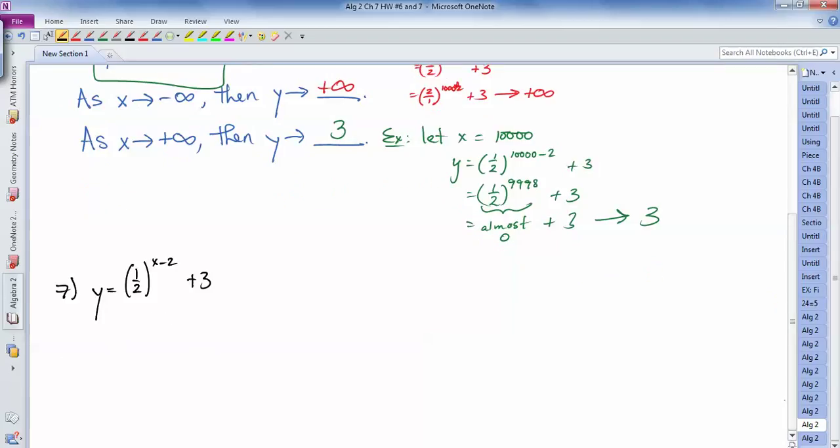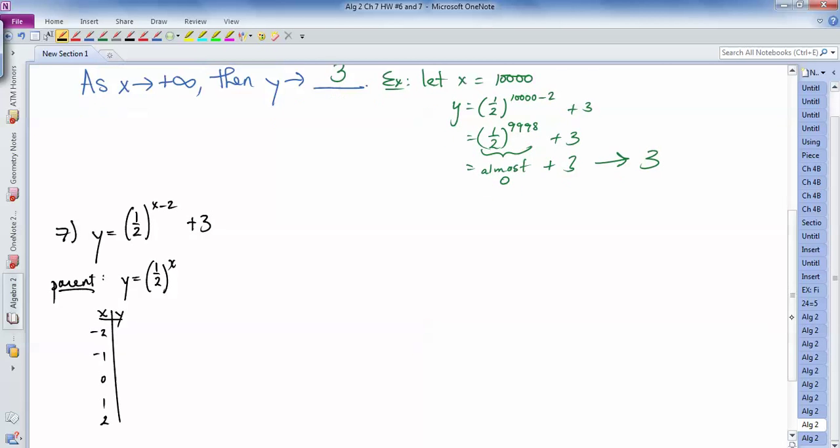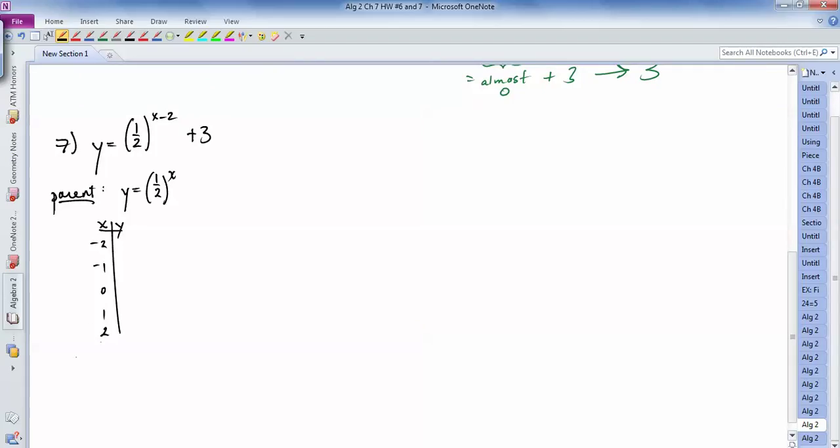So the parent function there is going to be y equals 1/2 to the x. Here, let's make a chart. X, y, -2, -1, 0, 1, 2. And then we'll also do asymptote, domain, and range.